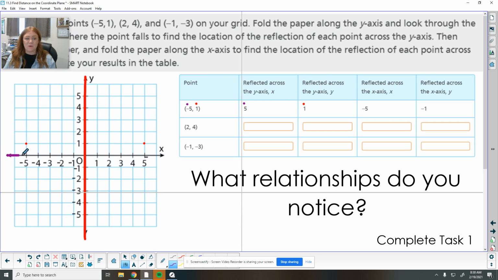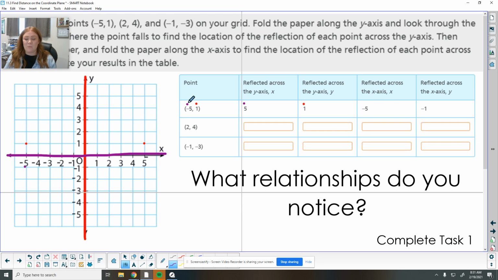So now let's go down and flip it over the x-axis. It was 1. We want to keep it on this line now. We're flipping it down. So it was 1 away from 0, so now 1 away from 0. It turned into -5, -1.